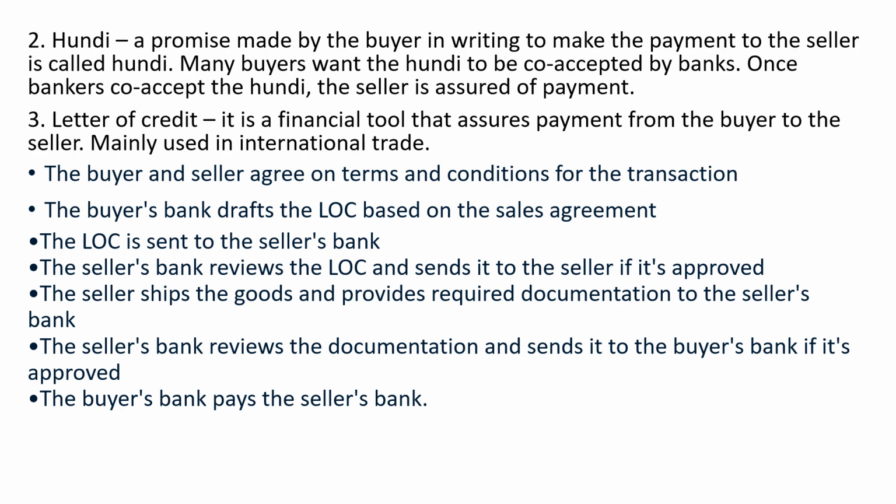The seller's bank will go through the LOC and they will approve it. Once it is approved, it is sent back to the seller, and then the seller will dispatch the goods to the buyer. The buyer's bank will receive the documentation after approval, and after receiving the goods, the buyer's bank will pay the money to the seller's bank. This is how letter of credit happens.